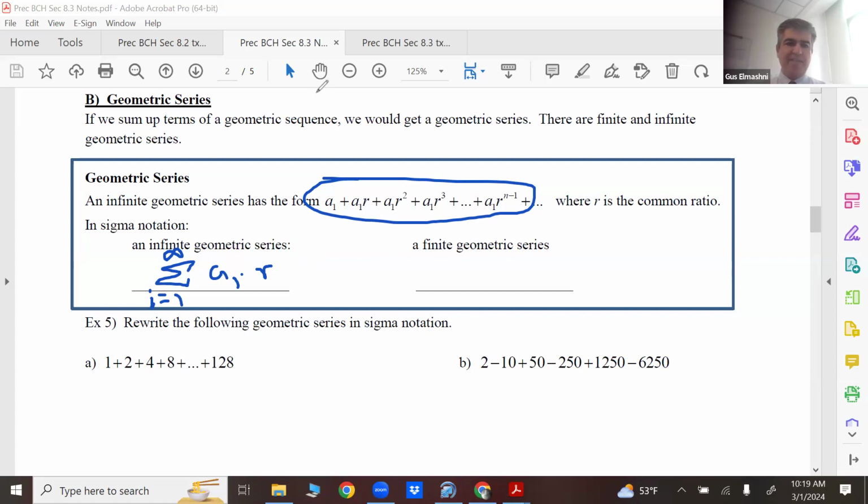Sorry guys, my apologies. N or N minus 1? Yes, N minus 1. You're correct, because initially you start with A1.